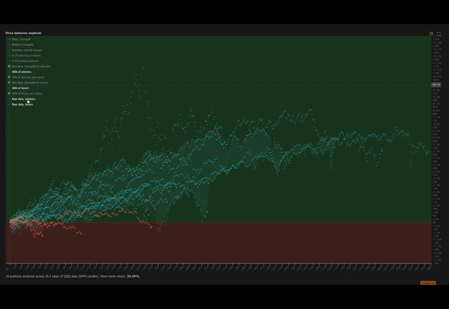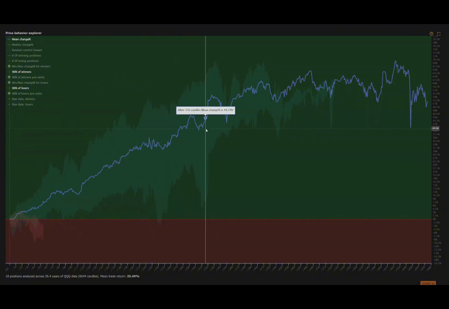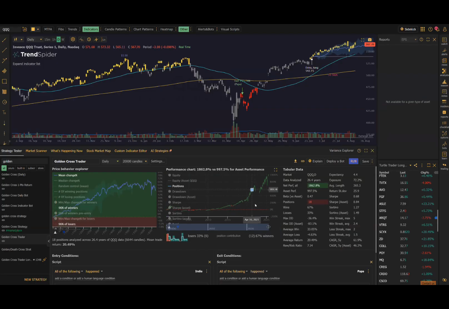And then you can plot the average winners and losers. This is like the average winner and average loser. Mean and median change after X amount of candles. Like, what is your average change? Which is, obviously, green in this case. So lots of cool stuff you can do with the strategy tester.